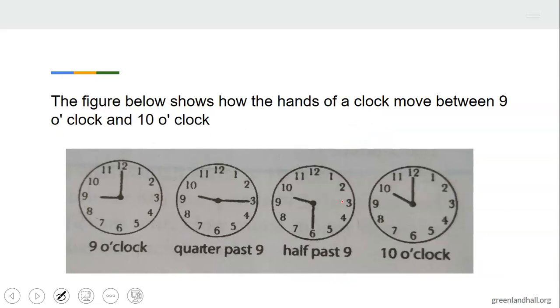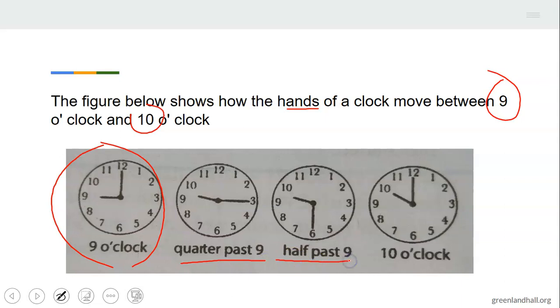Now, the figure below shows the hands of a clock move between 9 and 10 o'clock. Initially, this is 9 o'clock. At 15 minutes past, or quarter past 9, this is what it will look like. At 9:30, this is where the hands are.